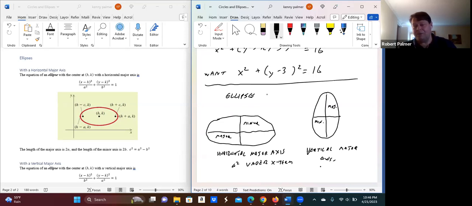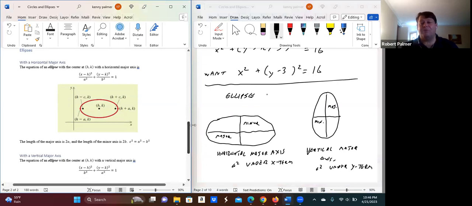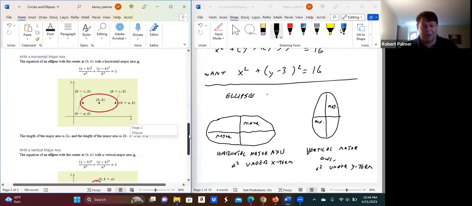In this case, the a squared is under the y term. Basically, if the bigger number is under the x term, you have a horizontal major axis like this. And if it's not, if it's under the y term instead, we have a vertical major axis like this. It's turned this way. The long axis goes up and down. But essentially the equation is basically identical.